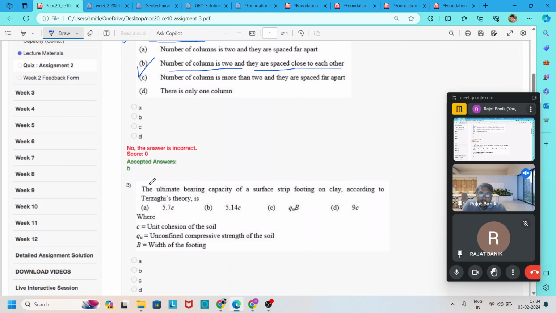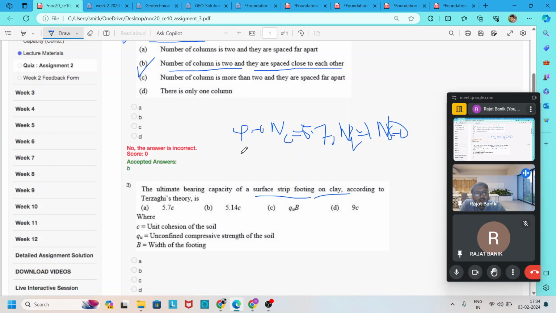Then in question 3, it is asked for the ultimate bearing capacity of a surface strip footing on clay, according to Terzaghi's theory. On clay means phi is equal to 0. If phi is equal to 0, Nc is equal to 5.7, Nq is equal to 1, and N gamma is equal to 0.